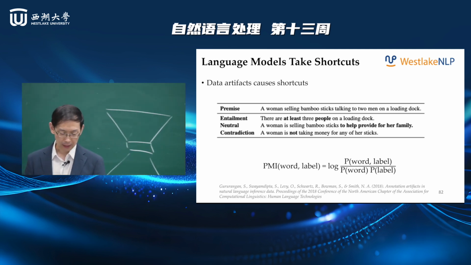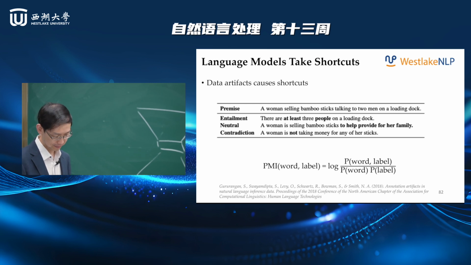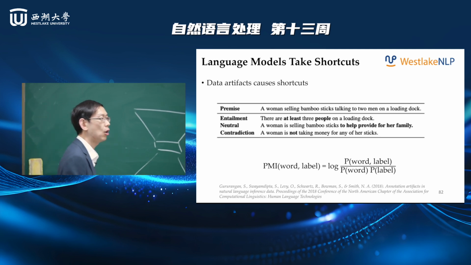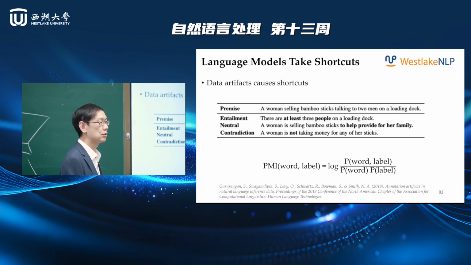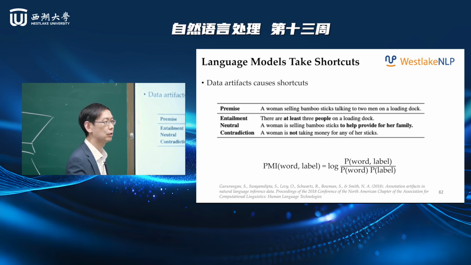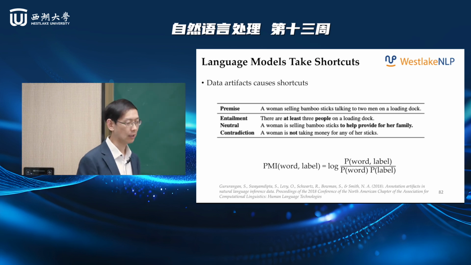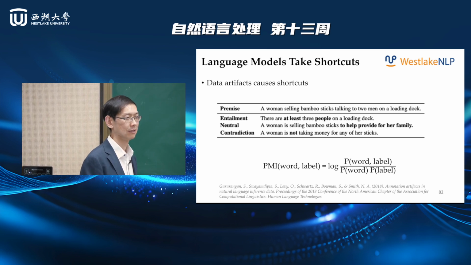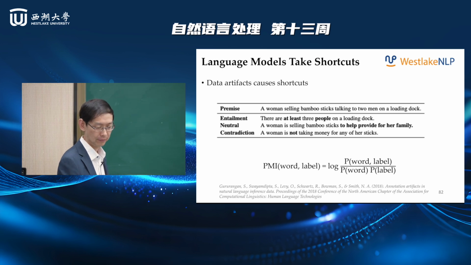For example, entailment answers often contain words like people, or the contradiction answers often contain the word not. So BERT learns, whenever you see not, you predict contradiction without looking at the passage at all. So these are called shortcuts. So language models are not good students. They are bad students. They just look at shortcuts to answer questions.